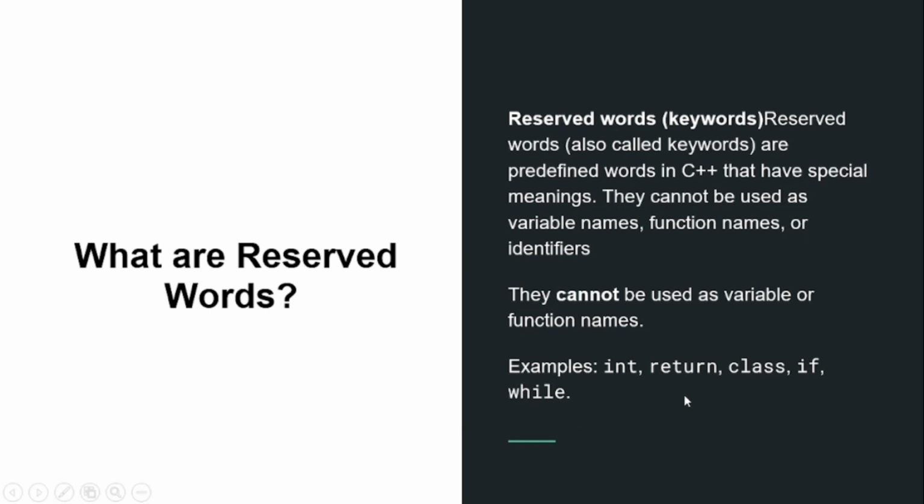We cannot name any variable int, because int is a data type that has a specific task: to hold integers. And return is used to return a response to other functions. Then class, which I will explain in a coming video. And while is a conditional statement.